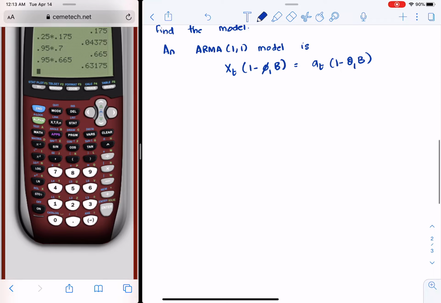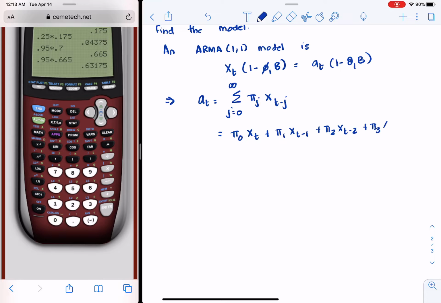So what we know is we could write at as the sum j equals 0 to infinity of pi j times xt minus j. In other words, that would simply equal pi naught xt, pi 1 xt minus 1, pi 2 xt minus 2, pi 3 xt minus 3, and so on.